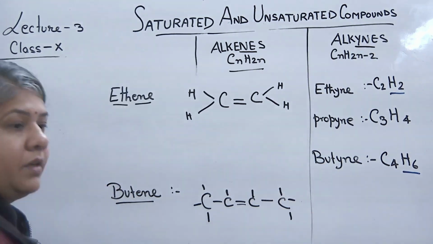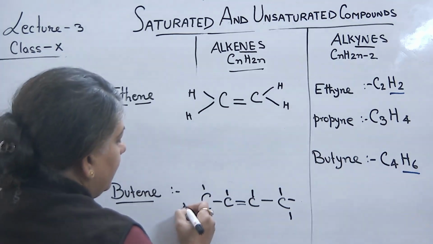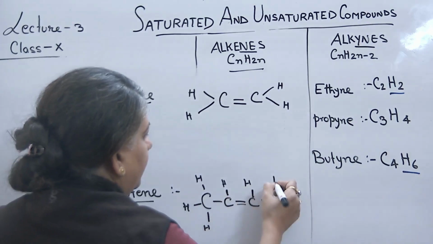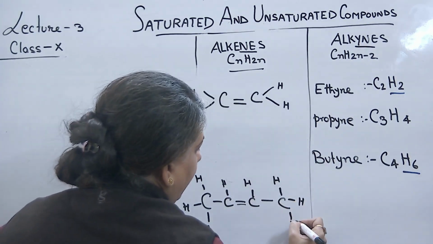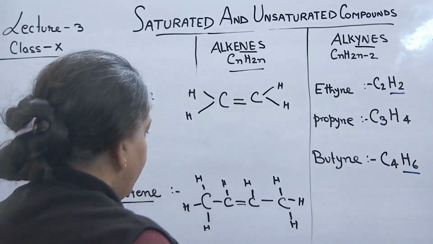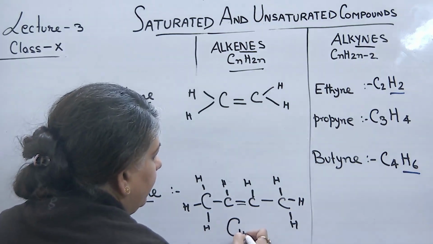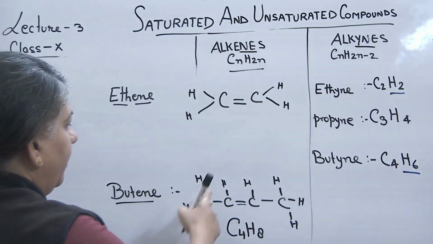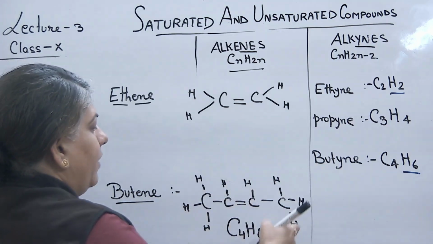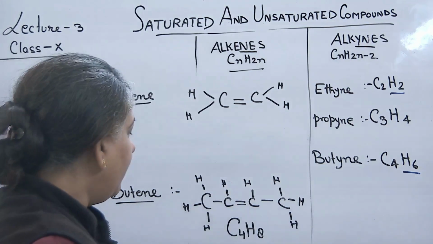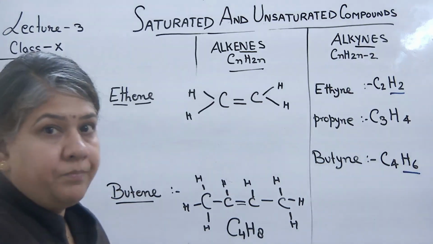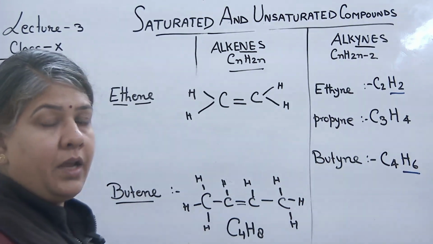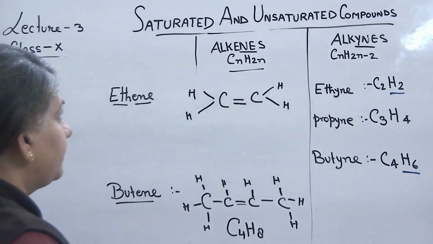See, tetravalency is complete. Put hydrogen atoms and it is done. So the formula is C4H8. Let's count hydrogen. 3, 4, 5, 6, 7, 8. Okay. Hope it is clear. You write the formula of pentene in the comment box.